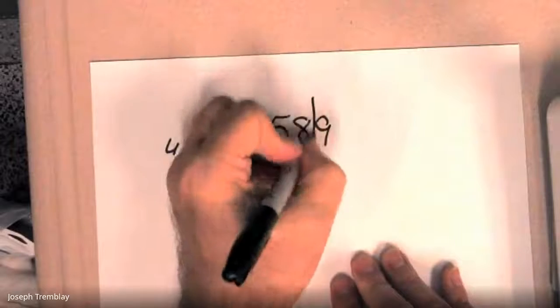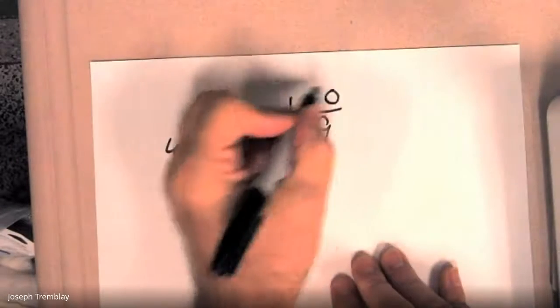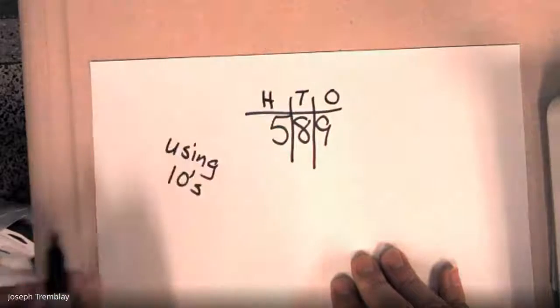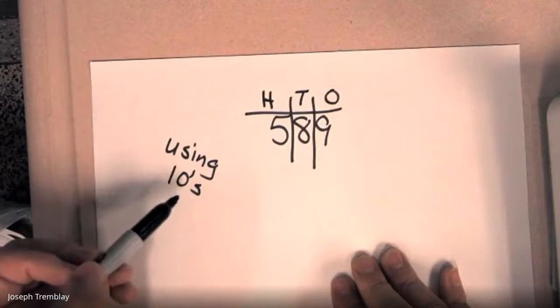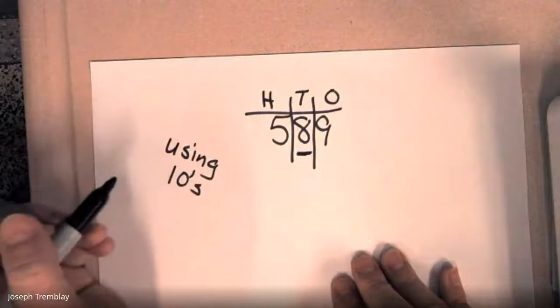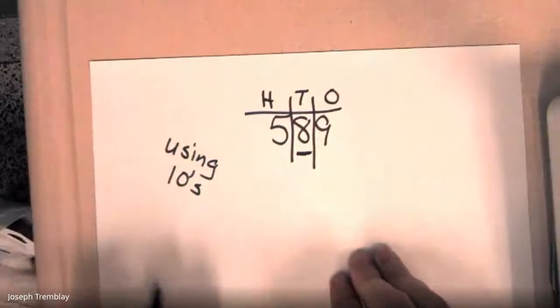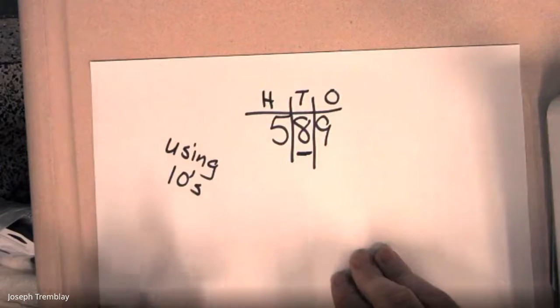Okay. Break it down with my place values, ones, tens, hundreds. Which one are they telling me to use? The tens, right here. So I'm going to ask myself, how many tens do I have?